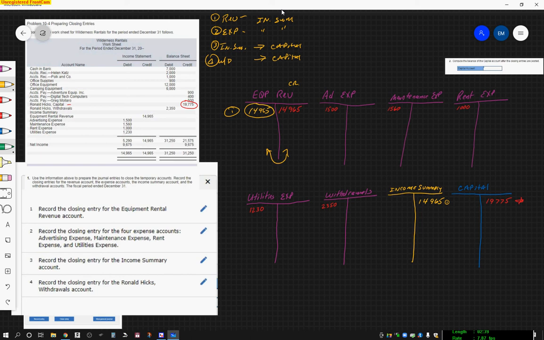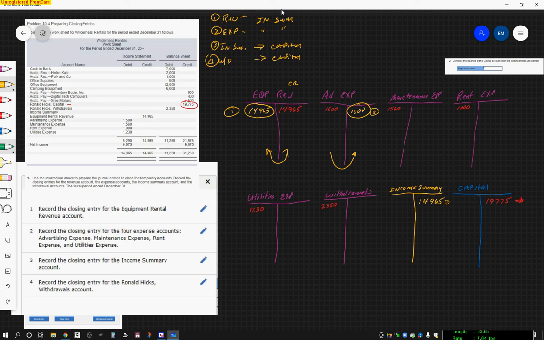The second one, we're going to be closing the 4 different expense accounts. We know that this is a compound entry because we are closing more, let's just say the transaction is affecting 3 or more accounts. Every transaction affects at least 2. So we're going to go with the advertising expense first. It has a $1,500 debit balance. Well, let's put the credit where it belongs. So there's your $1,500, and that's our second transaction.